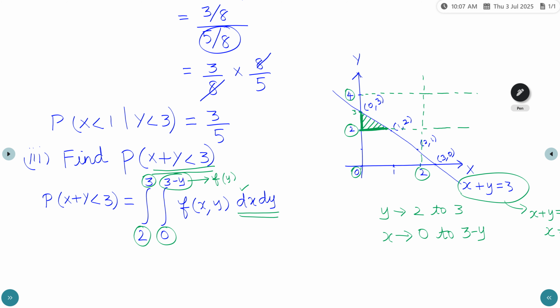If the four integral limits are numbers, no need to worry about whether dy first or dx. But if any of the integral limits is a function of y, then first integrate with respect to x. If any of the integral limits is a function of x, then first integrate with respect to y. So here there is a function of y. So first integration with respect to x.